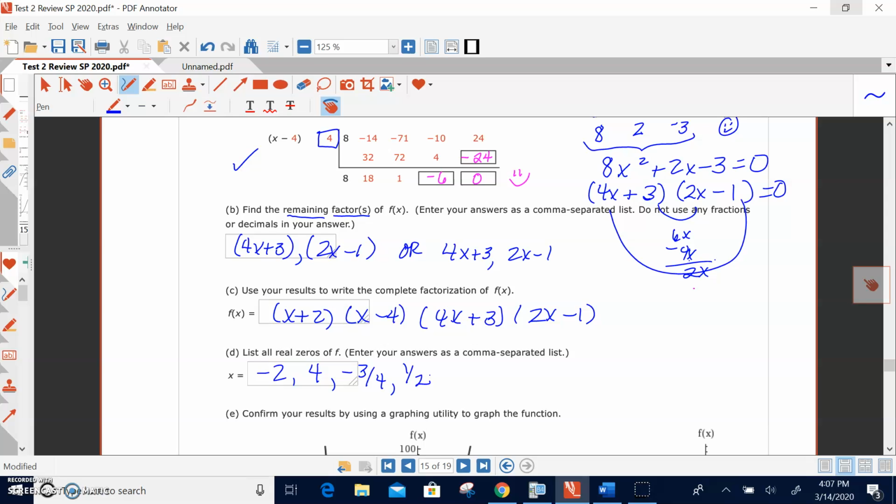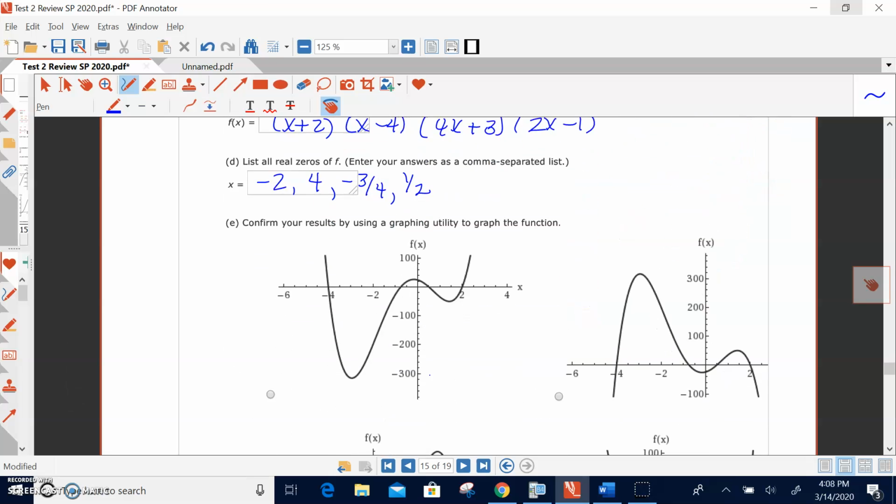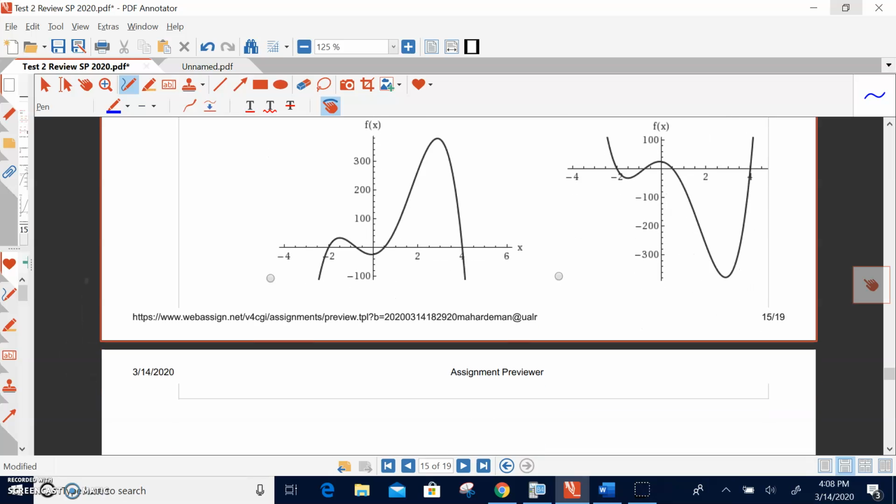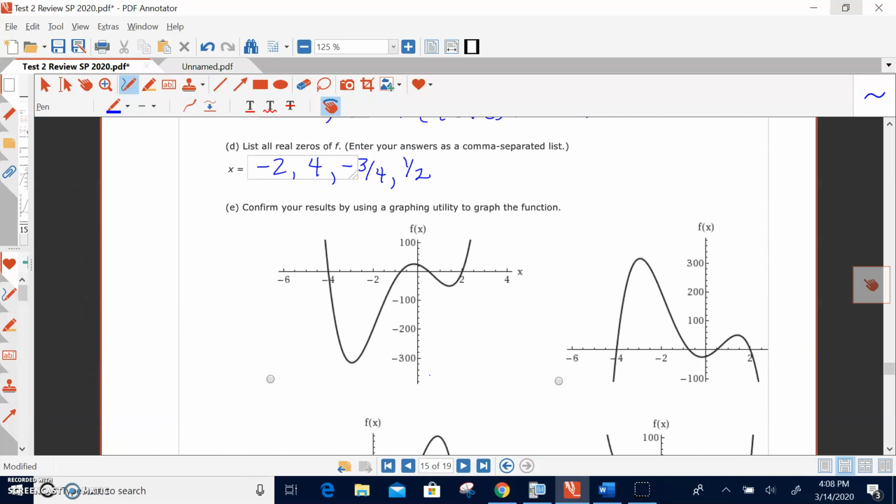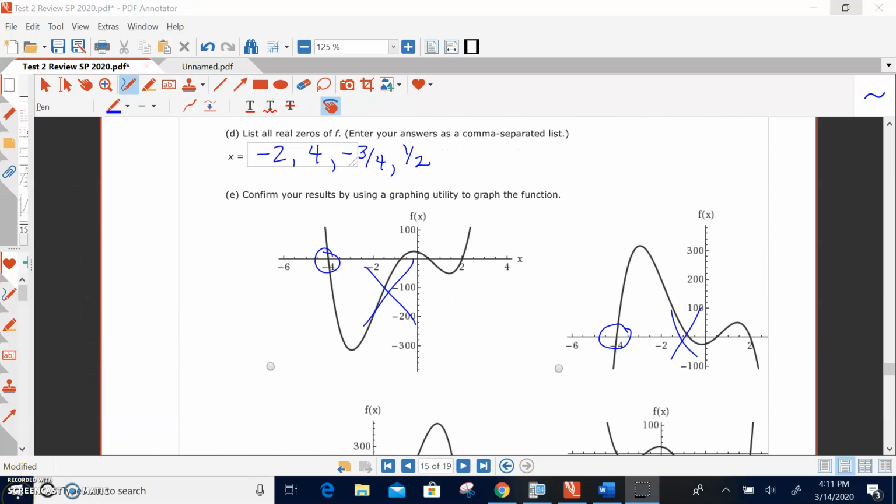Finally, we could put this in our calculator and find the graph. So we need to choose a graph from one of the 4 that's given. Notice I have an x through the first one. I know that can't be it because it has a 0 at -4, and -4 is not in our list. It can't be this graph either because this one also shows a 0 at -4.